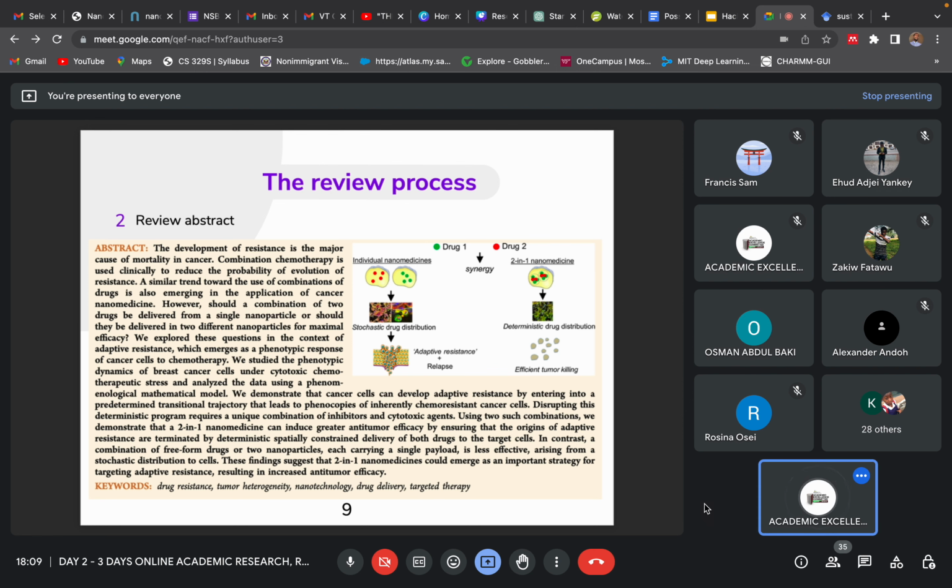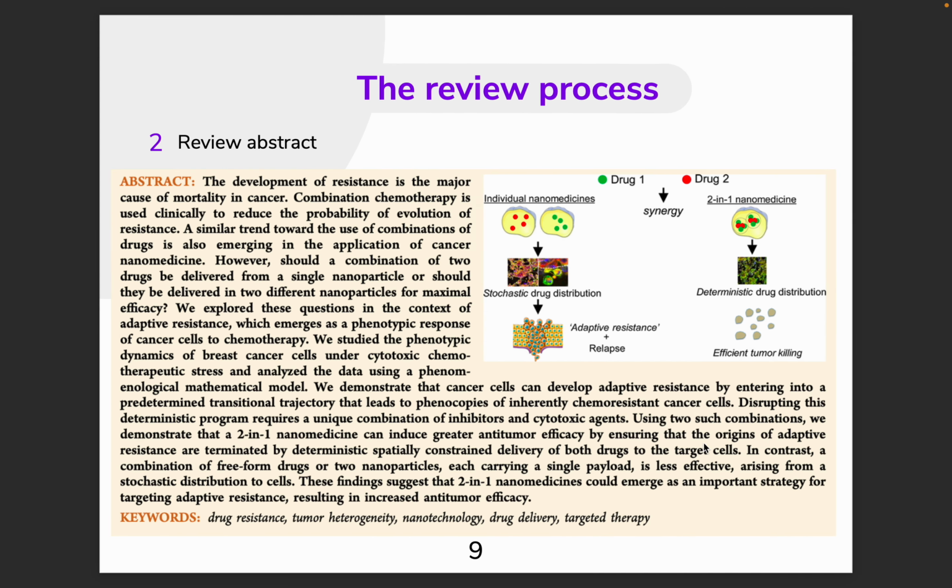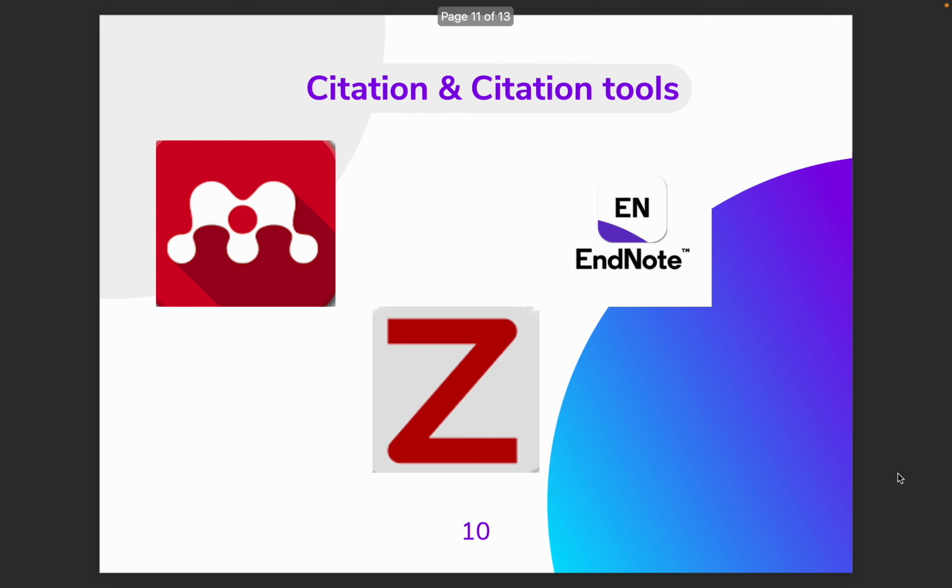Okay. So on this note, I'm sure we are all on the same page. Let's move on to the next part of our presentation. So we are now heading to citation and citation tools.